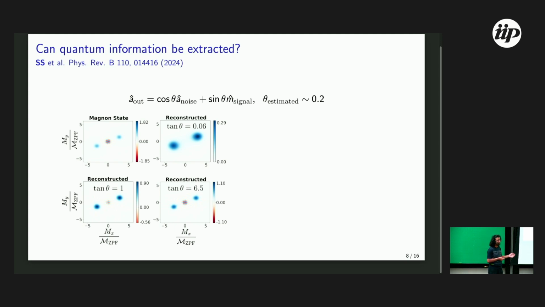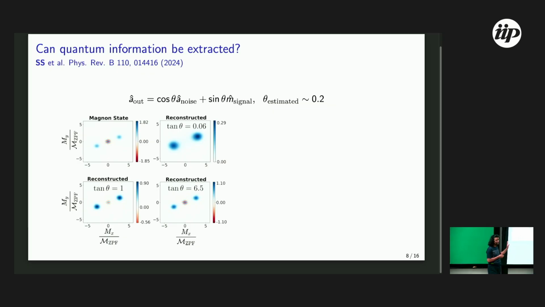For instance, I'm describing a Wigner function here. If the magnon, in my simulations, is in a superposition, a cat state, I then look at what output photons come out, and use the data to try to reconstruct the input magnon state.